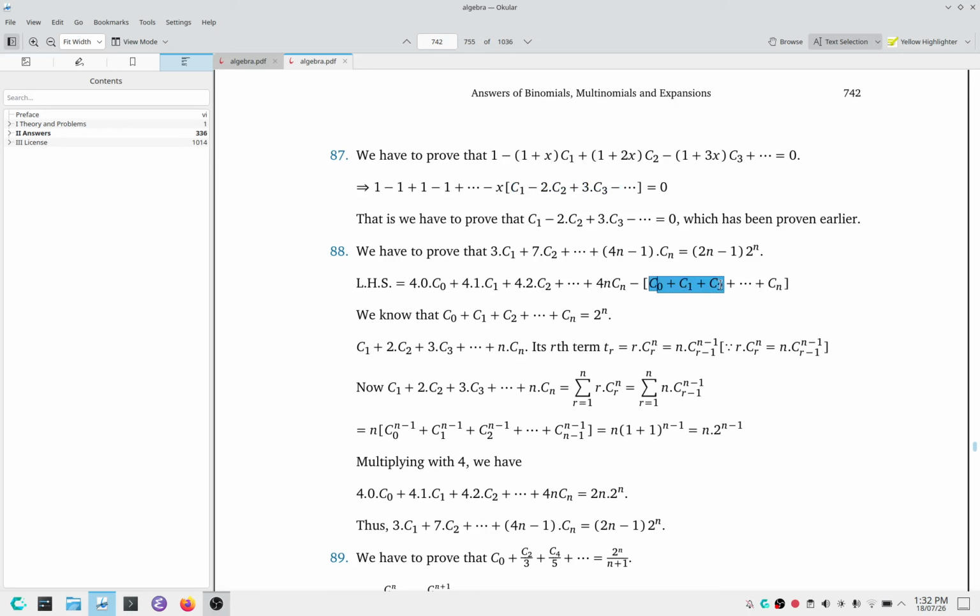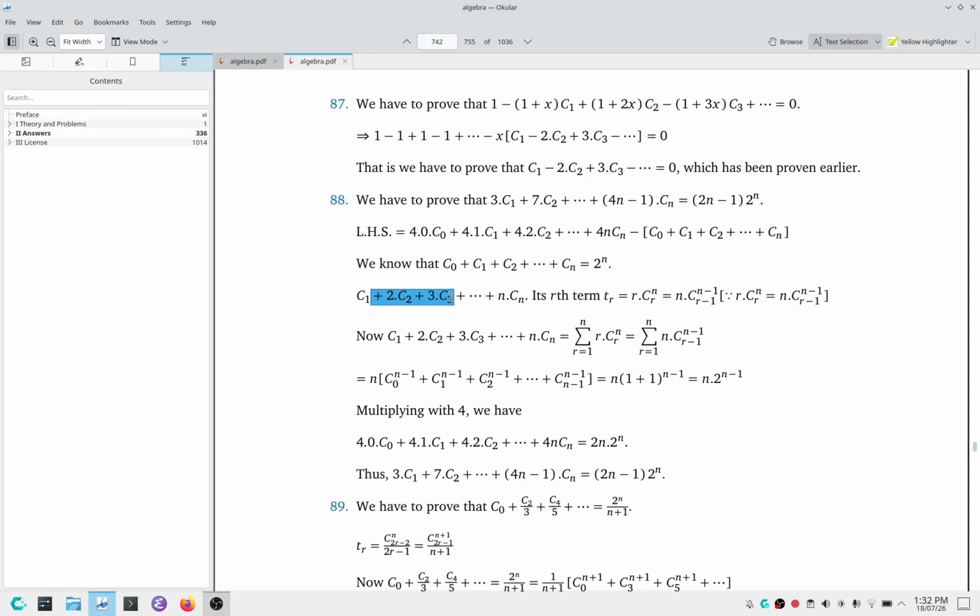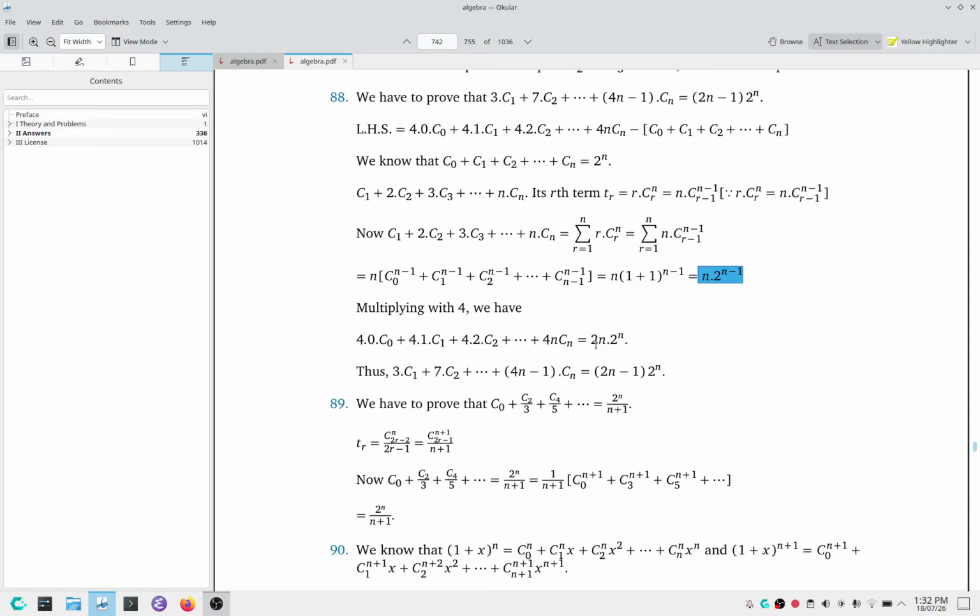And this series we know is equal to 2 to the power n. And this we have already evaluated earlier, which is equal to n times 2 to the power n minus 1. So multiplying by 4, we get 2n times 2 to the power n, and we subtract this, we get (2n minus 1) times 2 to the power n.